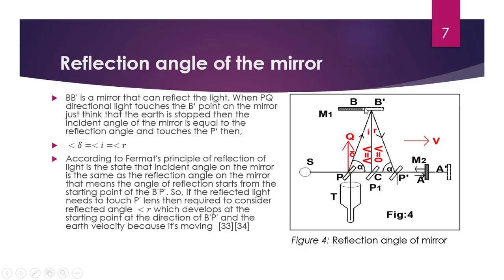B dash is a mirror that can reflect the light when the PQ directional light touches the B dash point on the mirror. Just think that the earth is stopped. That means from P to C there is the velocity of the earth v, and when the light touches B dash, the earth will be stopped.